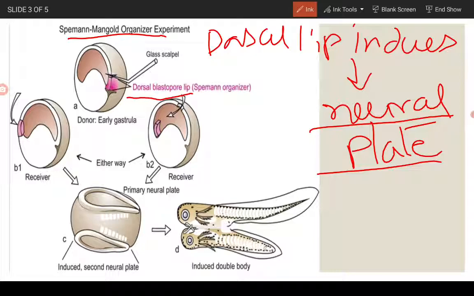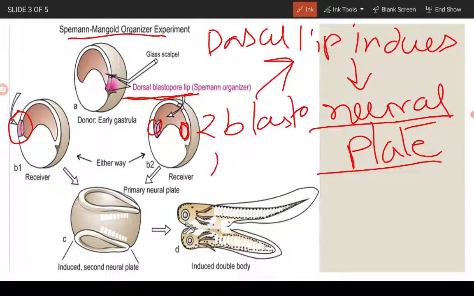We take out the dorsal blastopore lip from one embryo and surgically insert it into another receiver embryo. So this receiver embryo will have two dorsal blastopore lips. That would mean it would induce the formation of two neural plates, one dorsal lip inducing the growth of one neural plate.